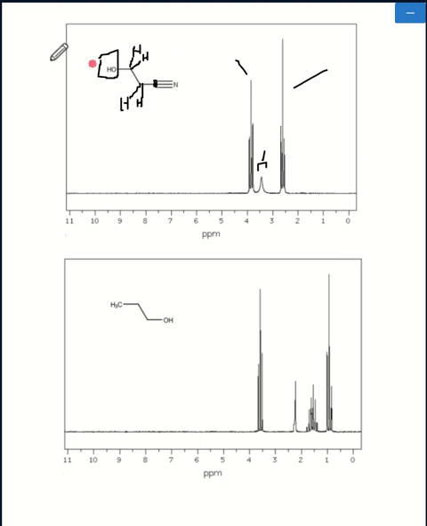So let's just say labeling the alcohol hydrogen as environment A, labeling the adjacent carbon's protons as environment B, and then the very next two protons as environment C. The alcohol hydrogen will be this middle peak right here, that little mound, because effectively, that's how alcoholic protons show up.